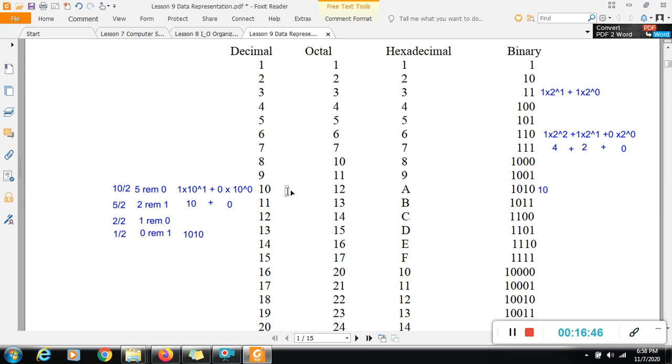So here, if we wanted to get this 12, we would have 1 times 8 to the power of 1, plus 2 times 8 to the power of 0. Now, what does that become? Someone help us.